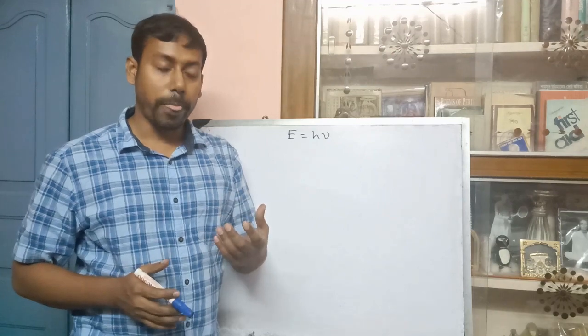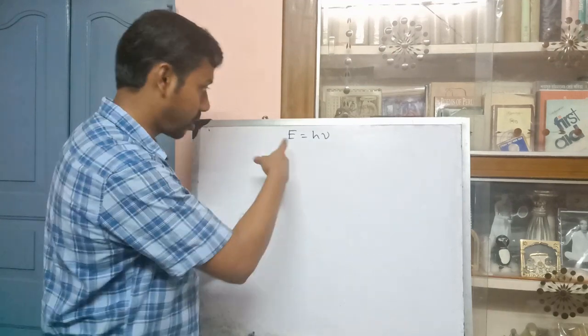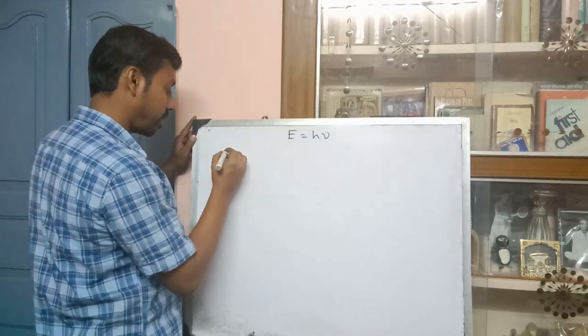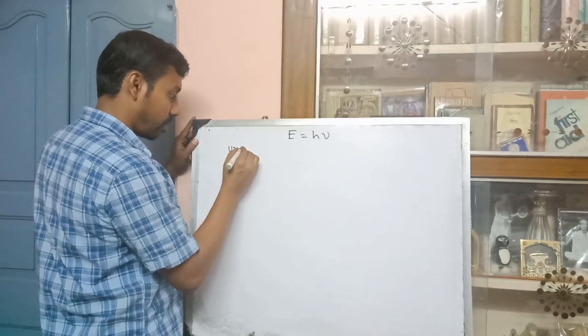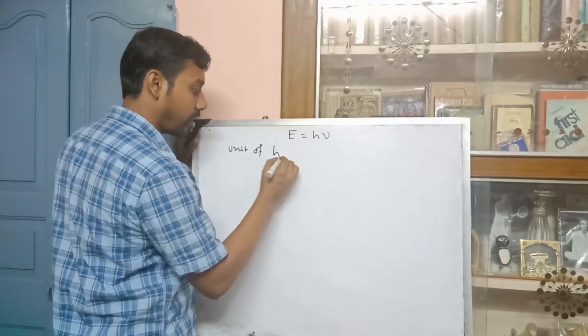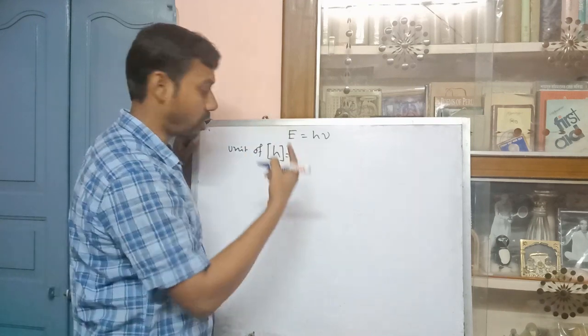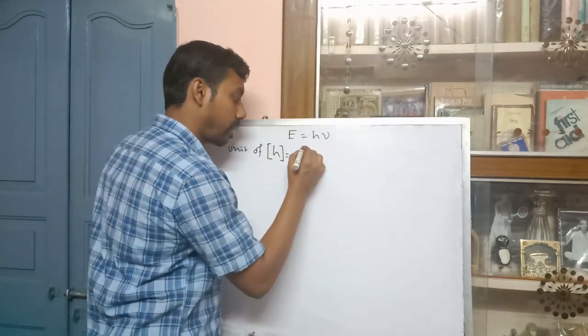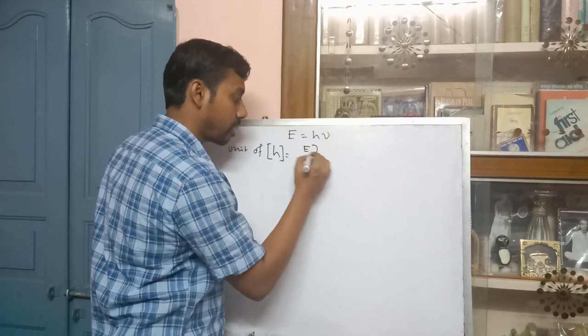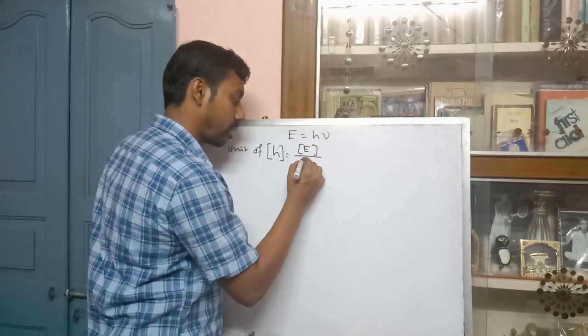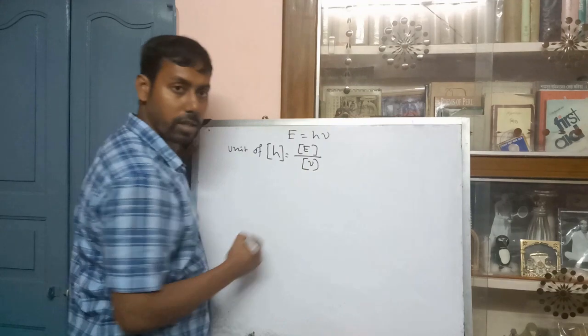we will try to find out the unit of h. I prefer to represent it in this form: unit of h is equal to unit of E divided by unit of frequency.